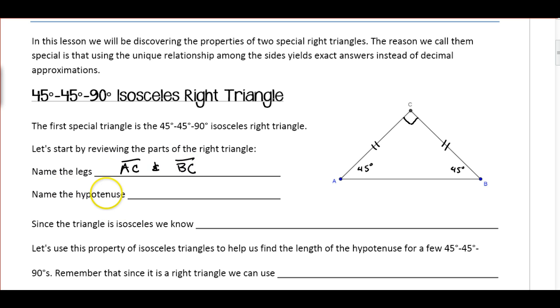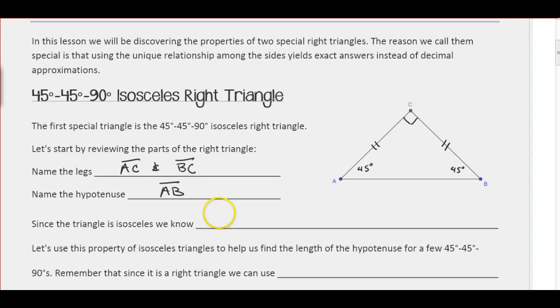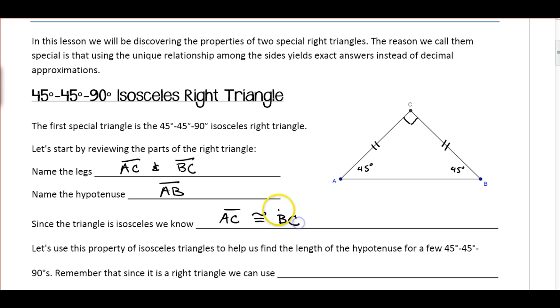And then the last side would be the hypotenuse, so that's side AB. Since the triangle is isosceles, we know that AC is going to be congruent to BC. Two legs of an isosceles triangle are congruent.